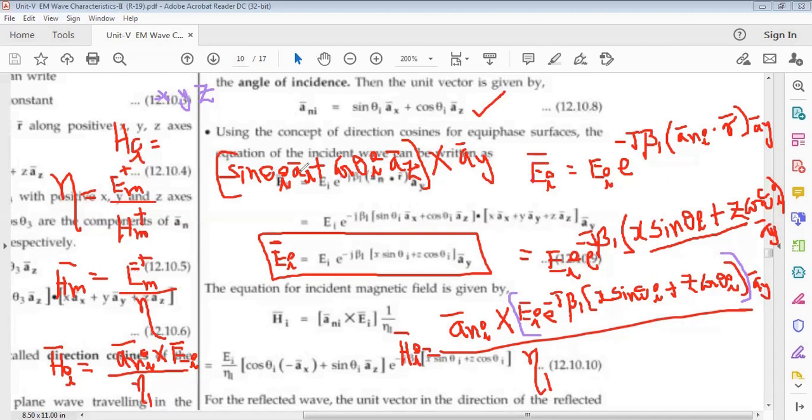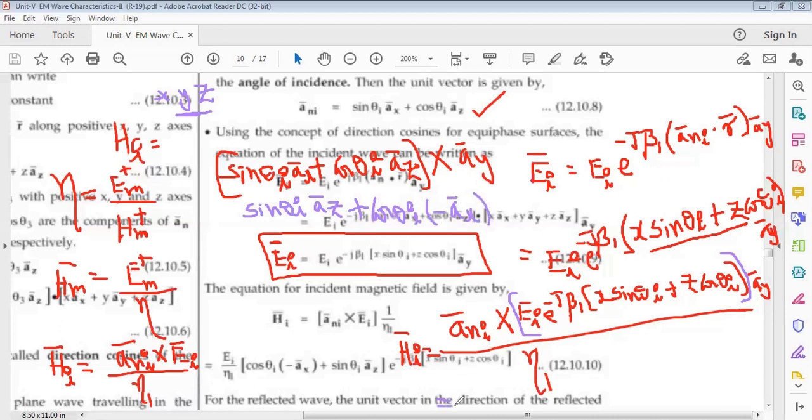So here it is in the order a_x cross a_y. So sine theta i into a_x cross a_y means we'll get a_z bar. And z and y, the cos theta i into a_z cross a_y. a_z cross a_y means it is in the reverse direction, so cos theta i into a_z cross a_y is a minus a_x bar. Got it, my students?